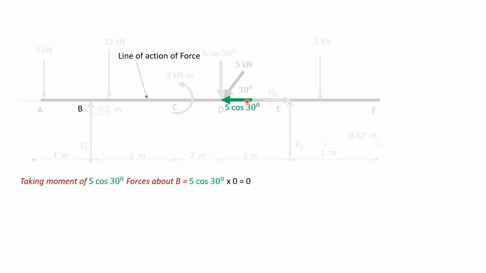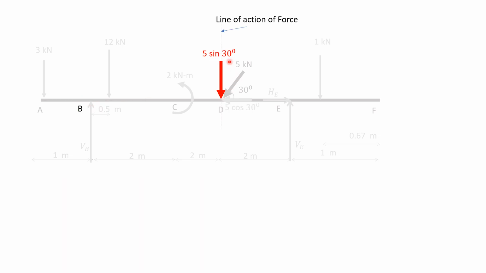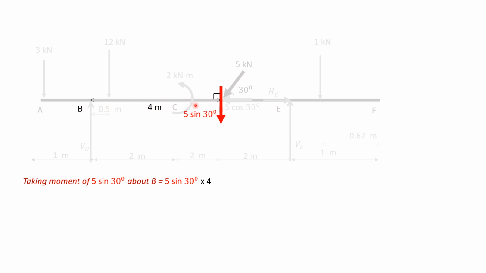Moment of 5 cos 30 about point B will be 0 because it passes through point B. Moment of 5 sin 30 about point B: perpendicular distance 4 meters, and it rotates about point B clockwise, so magnitude of moment is 5 sin 30 into 4.